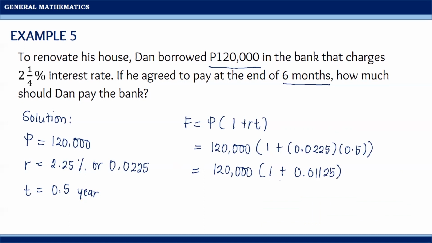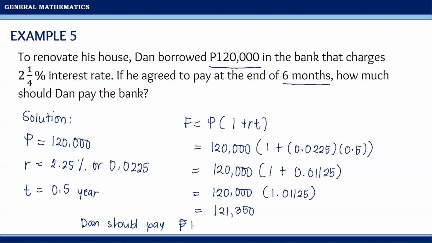Then add 1 and 0.01125, we will have 120,000 times 1.01125. Finally, multiply 120,000 times 1.01125, we will have 121,350. Therefore, Dan should pay 121,350 pesos for his borrowed money.